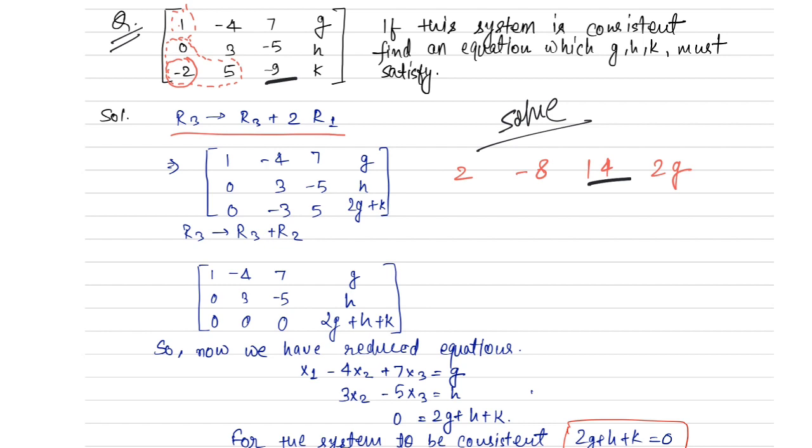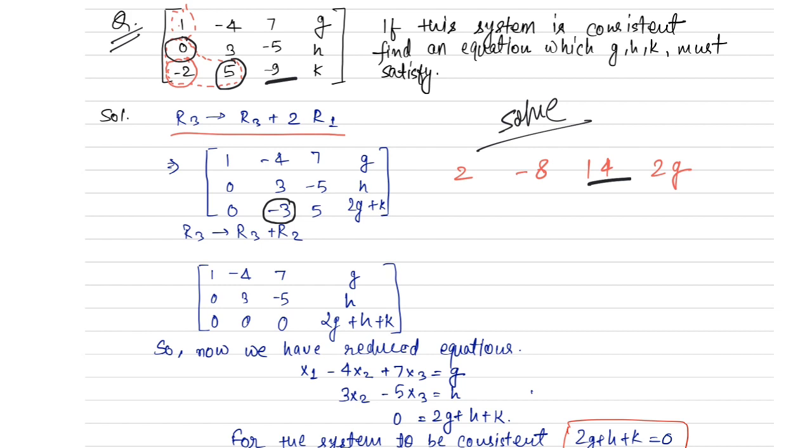Now, since this point is already 0, and this point is -3, I have to convert it to 0. If we add row 2 to row 3, the 3 and -3 cancel out and it becomes 0.